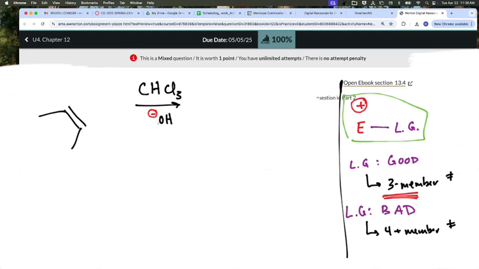we don't have a carbocation. It needs to react with a CHCl3. We don't have a choice. It's got to do that. So, what is CHCl3? We got that. So what do you see within that could act as a positive?